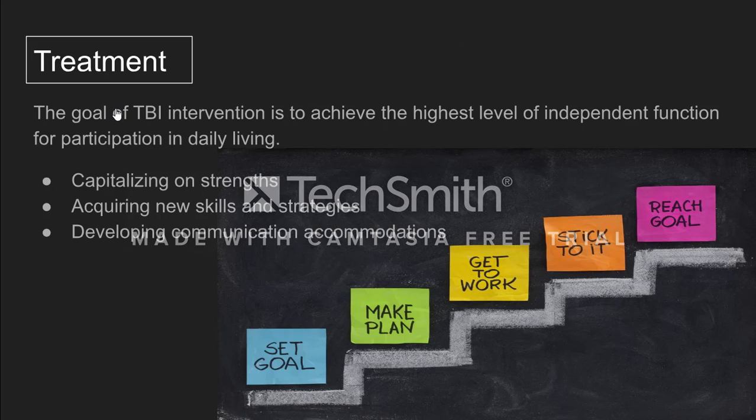So the goal of TBI intervention is to achieve the highest level of independent function for participation in daily living. Intervention is designed to capitalize on strengths and address weaknesses that affect communication, to assist the person in acquiring new skills and strategies, and to develop and use appropriate communication accommodations.